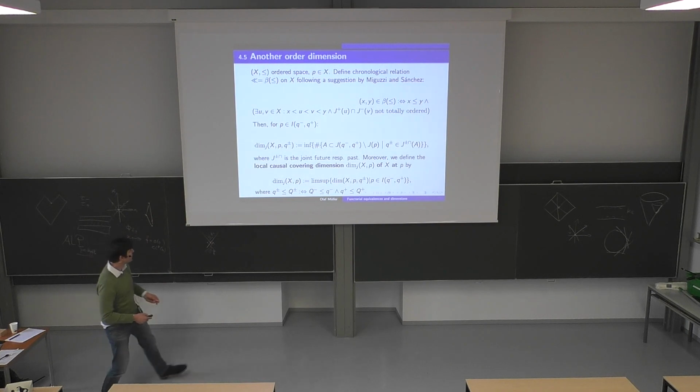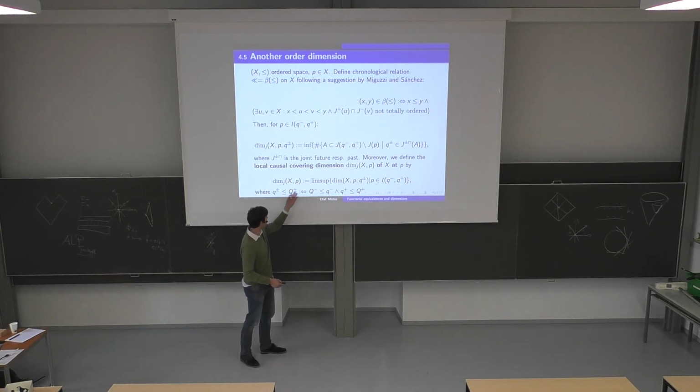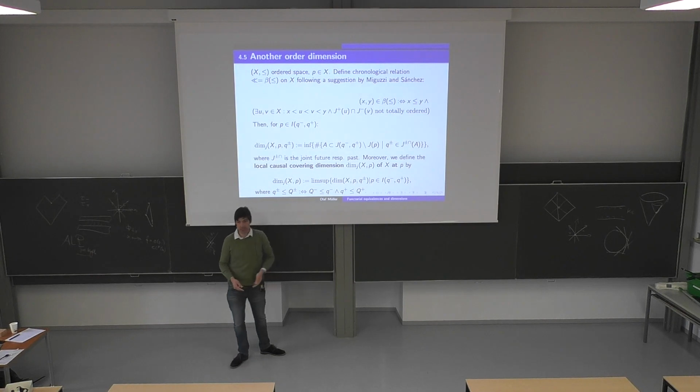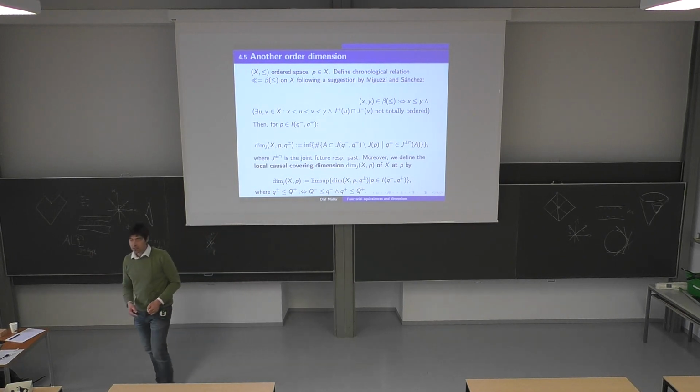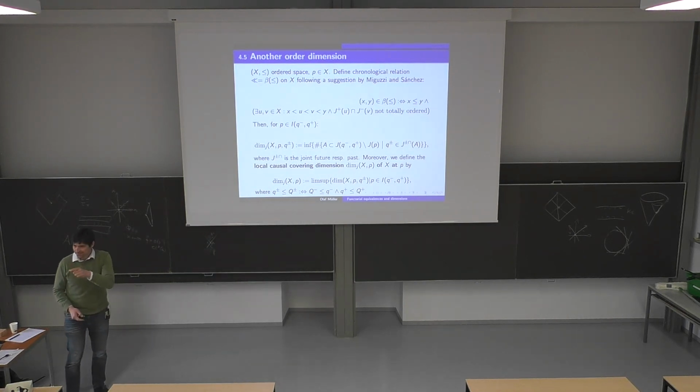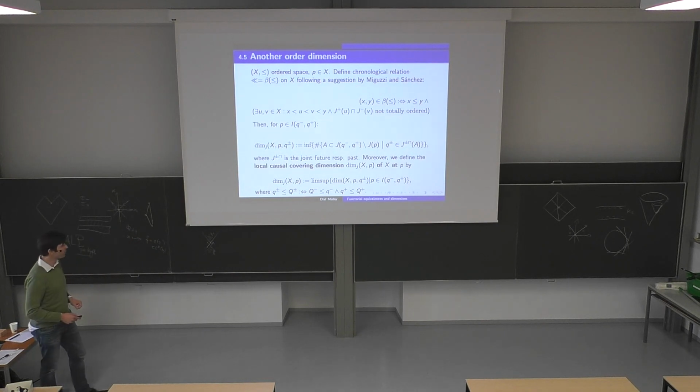Here the lim sup is with respect to this natural order on the space of causal diamonds. I think later in Didier's talk we will hear something more on it. Here it's showing up already.